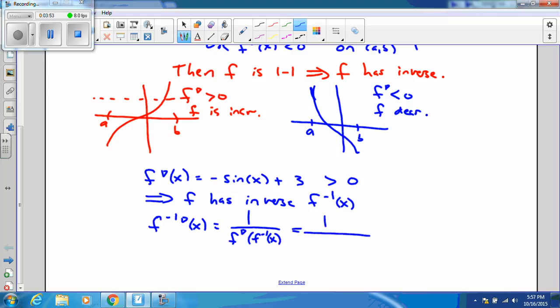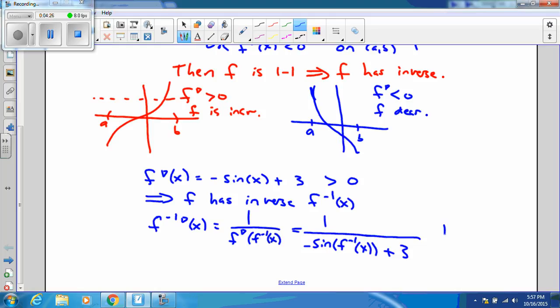And once again, we do not know what the inverse is, so we're going to have to leave our derivative in the form 1 over negative sine of f inverse of x plus 3. And because negative sine of f inverse is going to be a continuous function trapped between negative 1 and 1, the derivative is going to be trapped between 1/2 and 1/4 for all x.